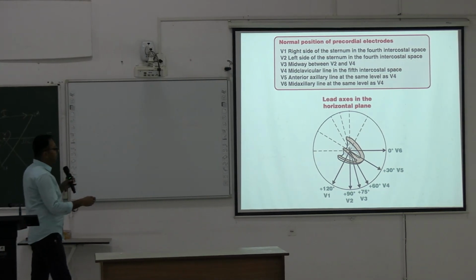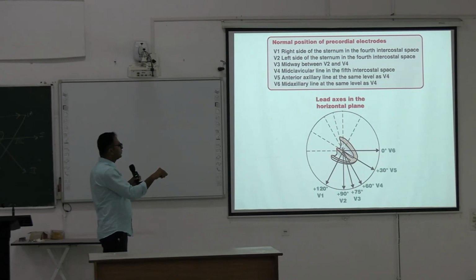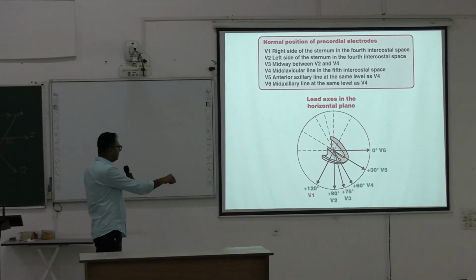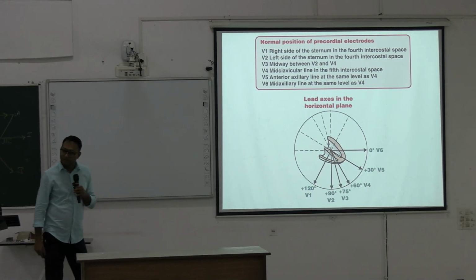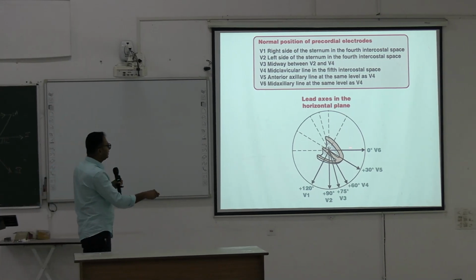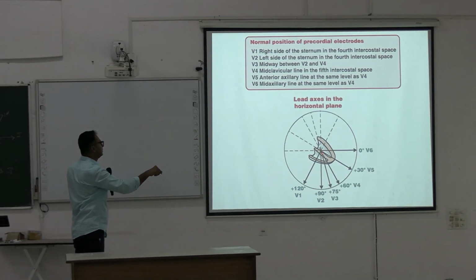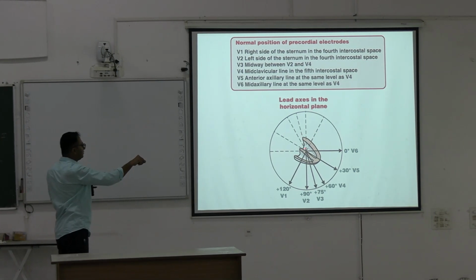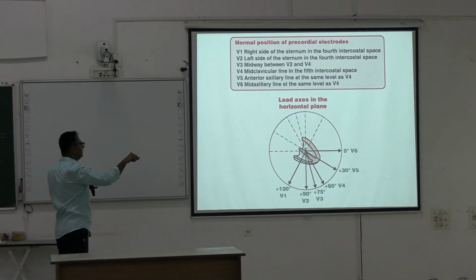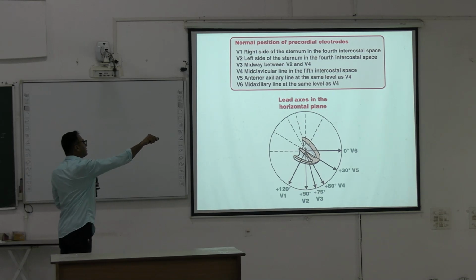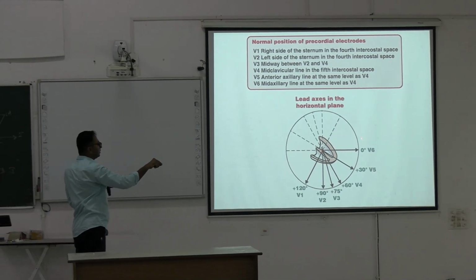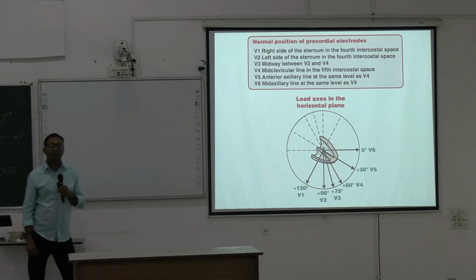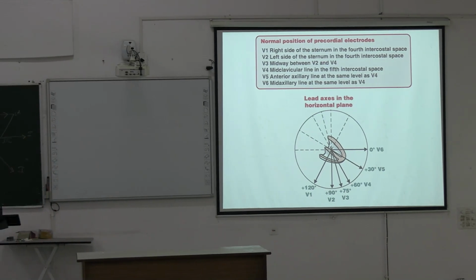If a vector moves in this line, there will be positive deflection in V6 and negative deflection in V1. Say a vector is moving towards this light, the CCTV camera: there will be positive deflection in V6 but negative deflection in V1. Getting my point? Okay?